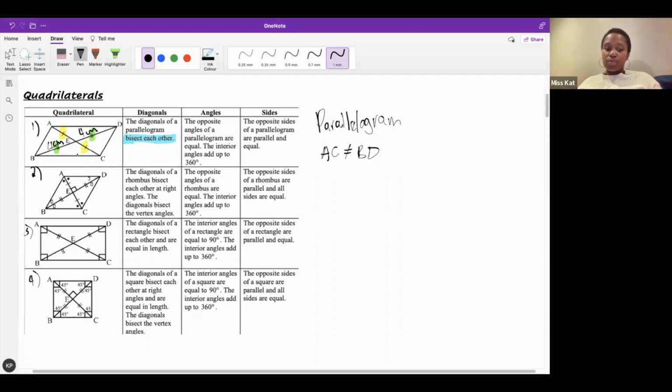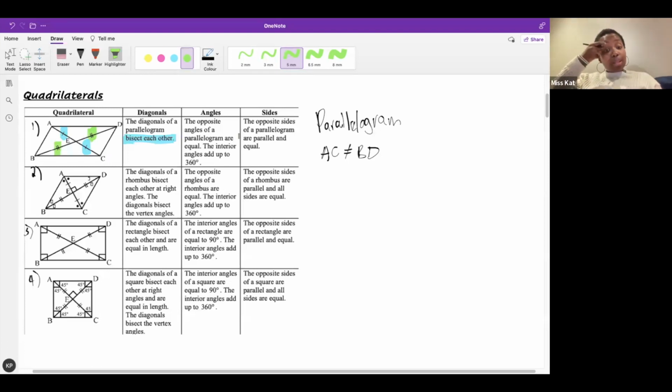No, AE could be 2 centimeters, which means EC is also 2 centimeters. So the diagonals cut each other in half, but they are not necessarily equal. They are just cut in half. Let me use different colors so you guys get it. Green is equal to green, blue is equal to blue.